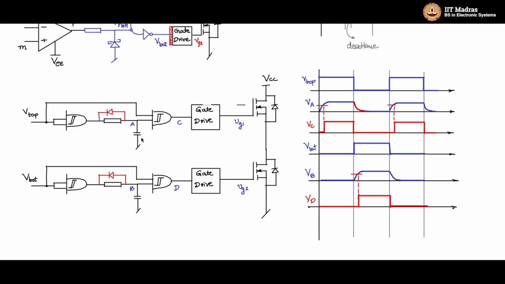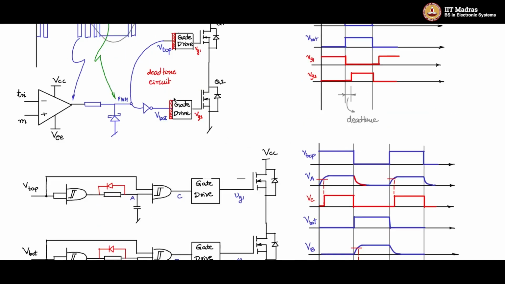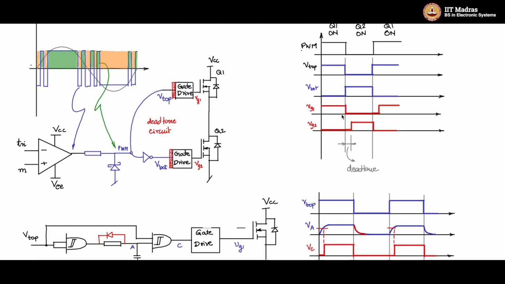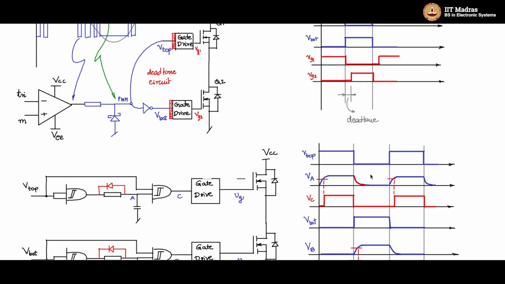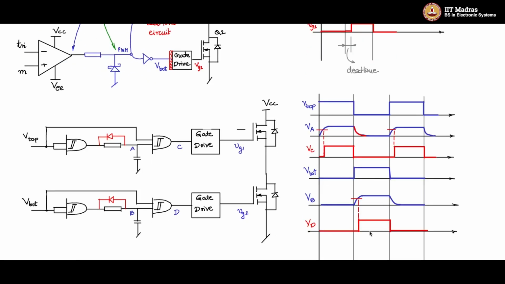So the dead time for any given circuit can be adjusted by adjusting these RC parameters, and then you can fix the dead time and have it prefixing this gate drive circuit. So you see that VG1, VG2, our requirement, is met by this VC and VD.